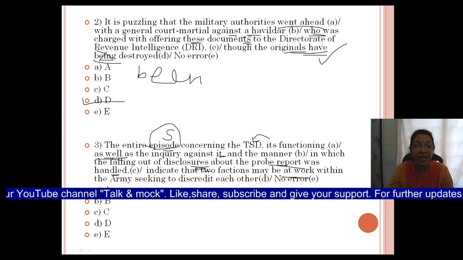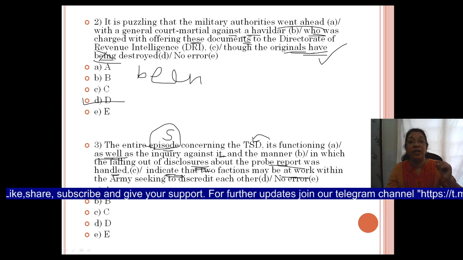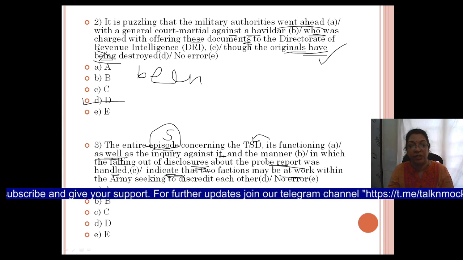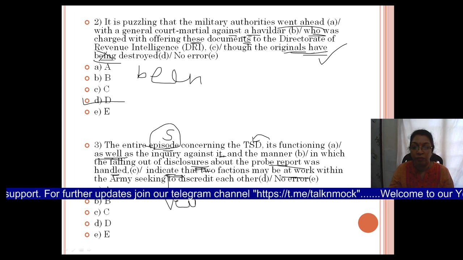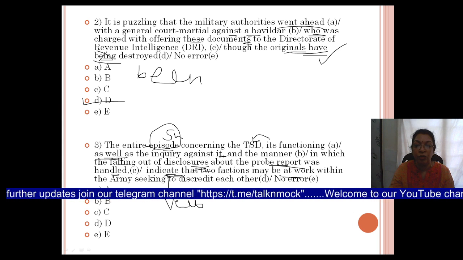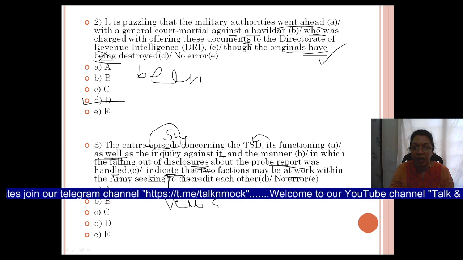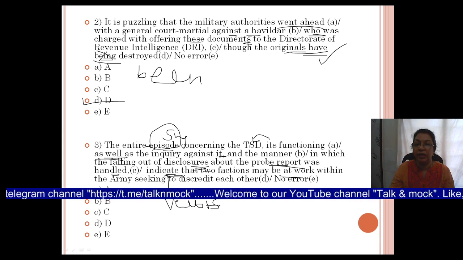See, the main verb comes here. So whenever the entire episode indicates, the subject is here and the verb is here. And since this is a singular one, the verb should have s.